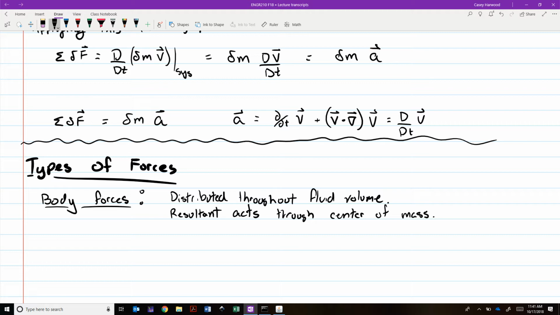So we'll call this gravitational weight. Things like magnetism: if you have a ferrous fluid, one of these fluids that actually has magnetic properties, and you apply a magnetic field to it, it's going to apply a force throughout the volume of that fluid with a resultant force that acts through the center of mass of that fluid.